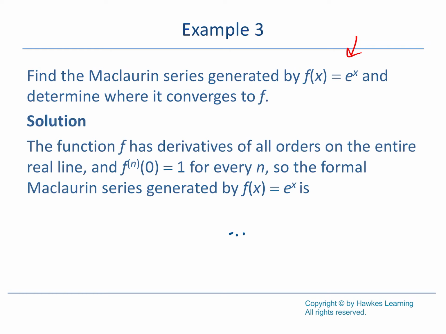The nice thing about e to the x is that all of its derivatives are just e to the x. And whenever you plug in our value of a, which is just 0, we always get 1.